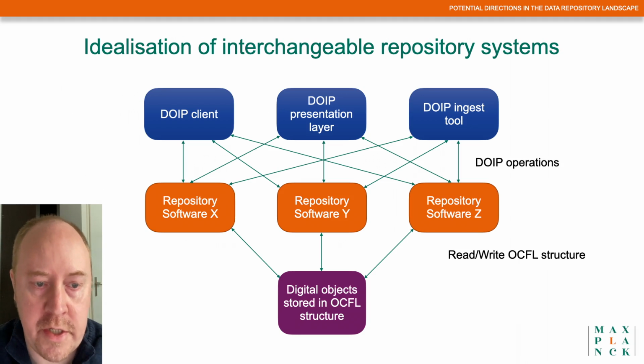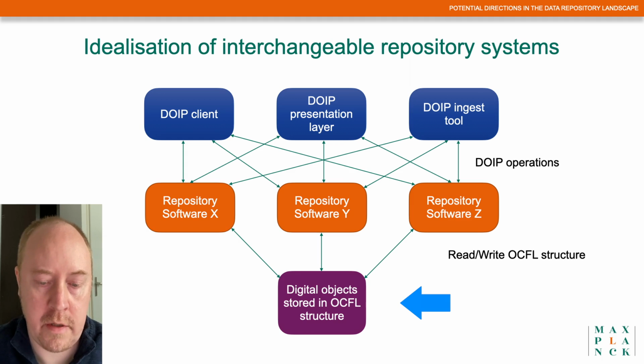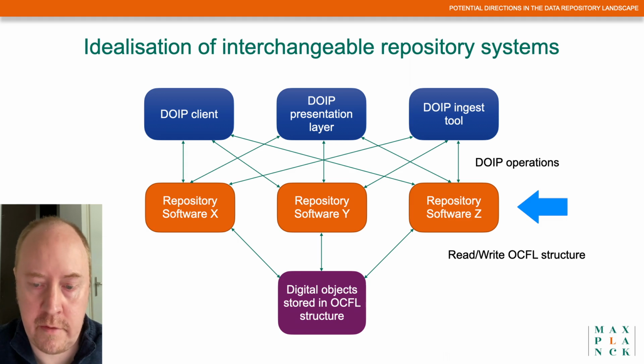So in an ideal situation, this would look like the following scheme. You have a storage layer where your digital objects are stored in an OCFL structure. You could have a number of different repository software solutions that could each read and write from such an OCFL structure.